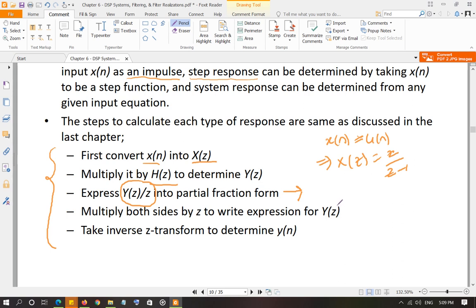No, I'm asking how you're going to calculate A, B, and C: multiply both sides by z minus 1, evaluate at z equal to 1 to get A. All you have to do is explain like I'm explaining. If you have a factor A over z minus 1, multiply both sides by z minus 1, evaluate at z equal to 1 to get A. That's it. And then you can do the multiplication or evaluation in a calculator or MATLAB.